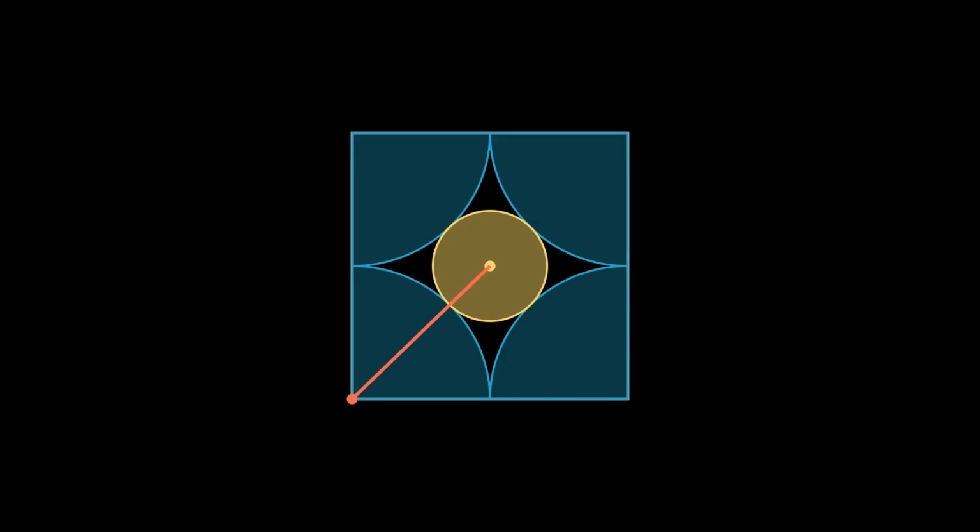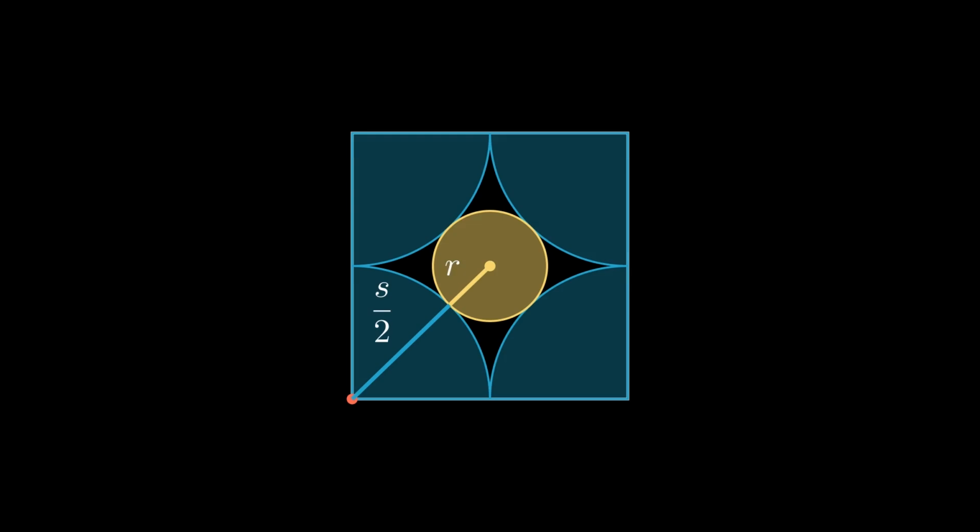Here's why. The center of the small circle sits exactly at the center of the square, and each quarter circle is centered at a corner. So the first part of this line, from the corner to where it crosses the arc, is just the quarter circle's radius, s over 2.